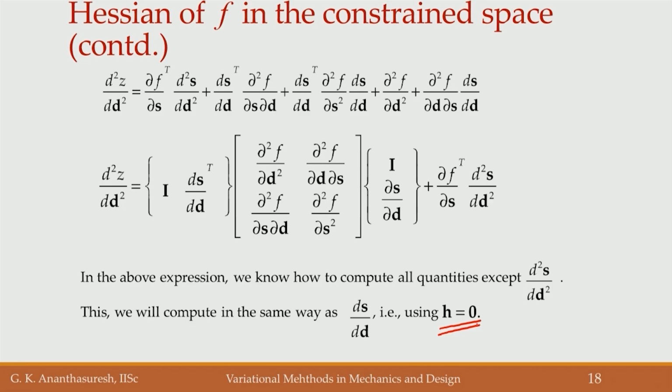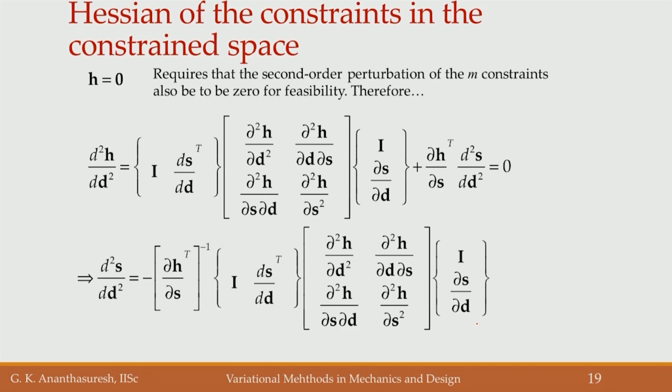Now, when you perturb it, you have to make sure that h remains 0 after the perturbation. So, whatever we did for the objective function, now we are showing it for the equality constraints as well. Now, this should be equal to 0.